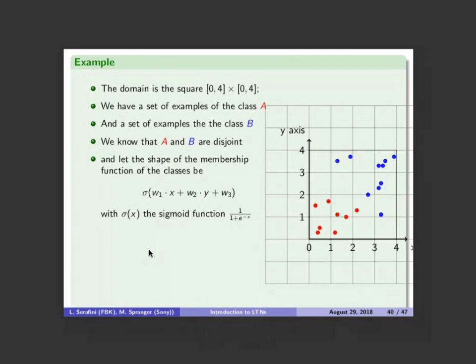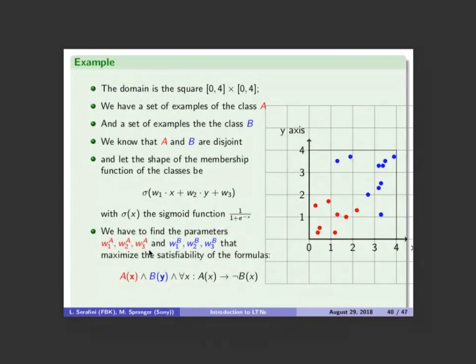So what we are saying is that we have the data, we make that assumption of the shape of the membership function, and we now need to learn the values for W1, 2, and 3.